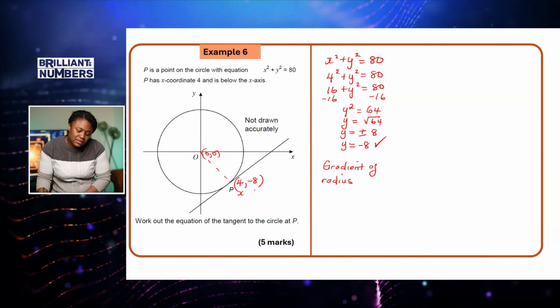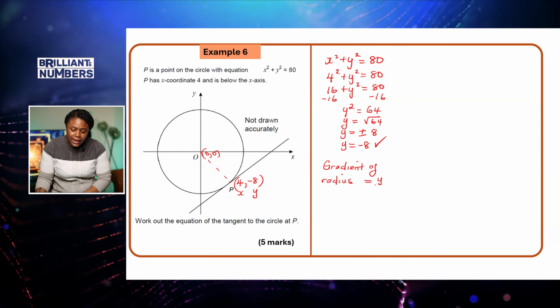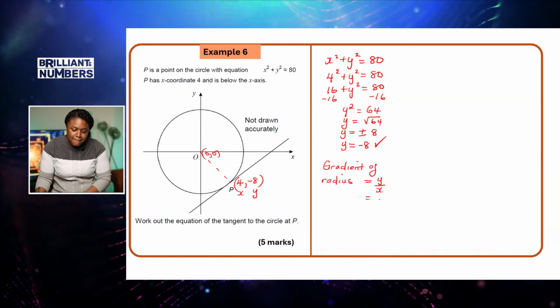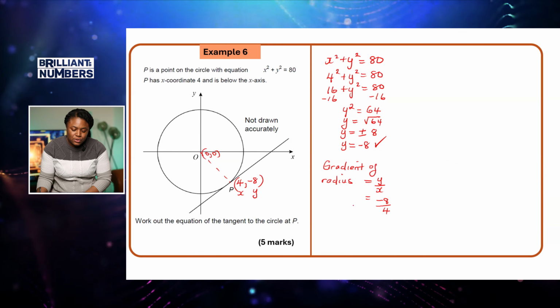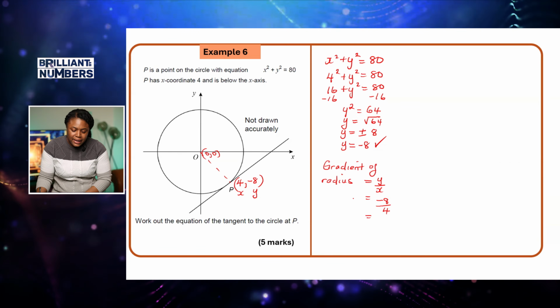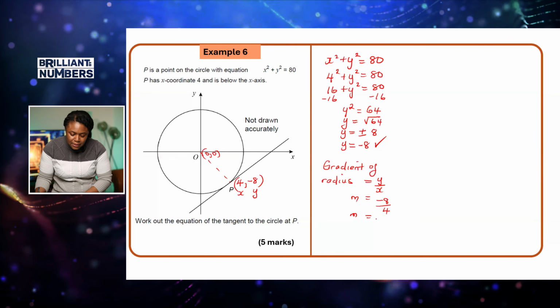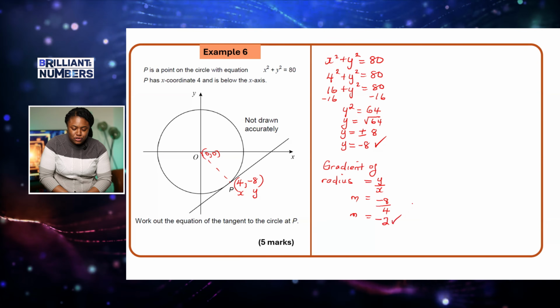This is our x coordinate, that's our y coordinate, so it's equal to y over x. In this question, y is minus 8 and x is 4. Dividing them, minus 8 divided by 4 is minus 2. So the gradient of the radius is minus 2.